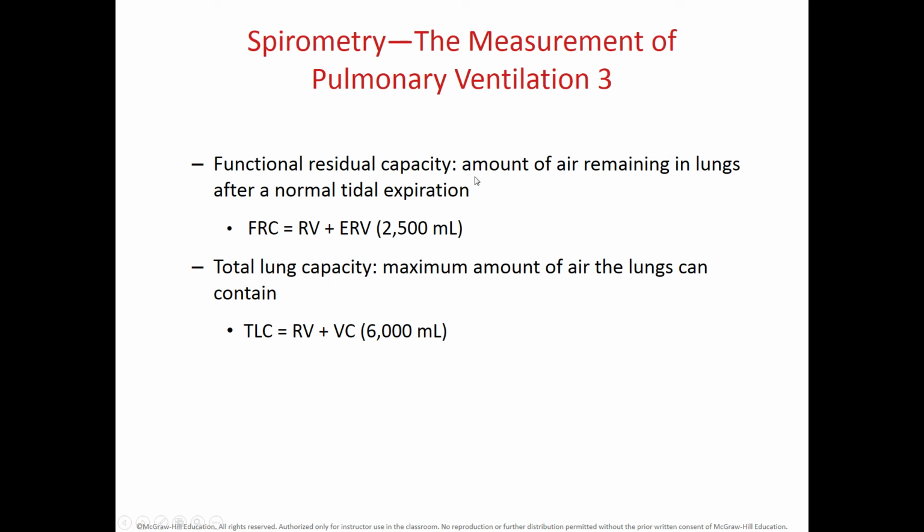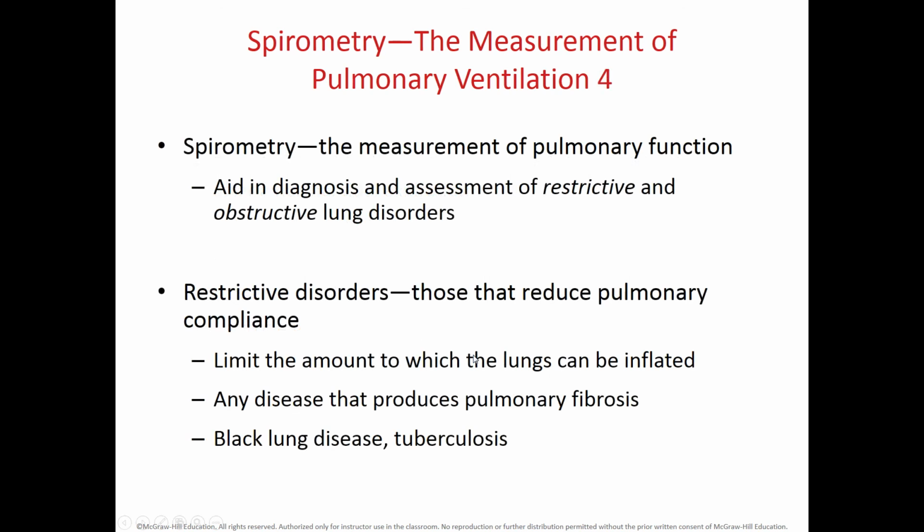Functional residual capacity is the amount of air someone has in their lungs after a normal tidal expiration. Functional residual capacity is equal to the residual volume plus the ERV. It's equal to 2.5 liters. Total lung capacity is adding all of the volumes and capacities, so the residual volume plus the vital capacity, which is 6 liters maximum.